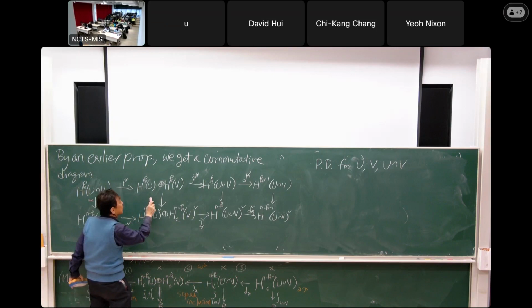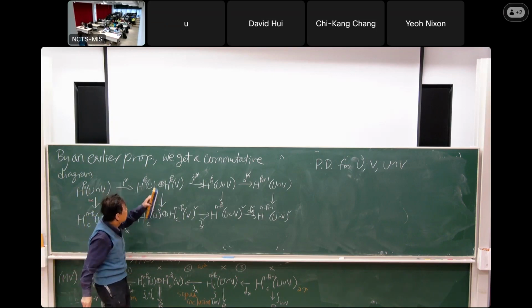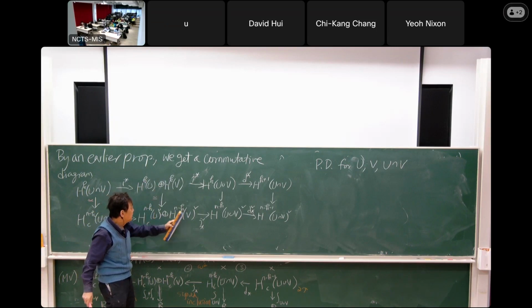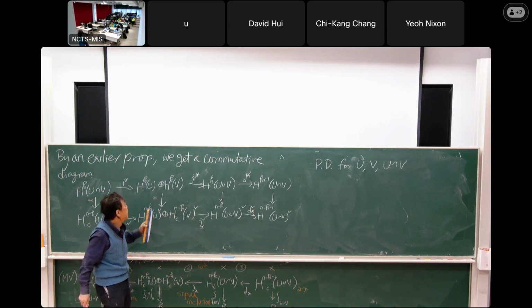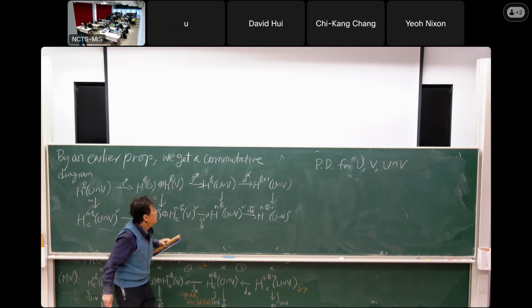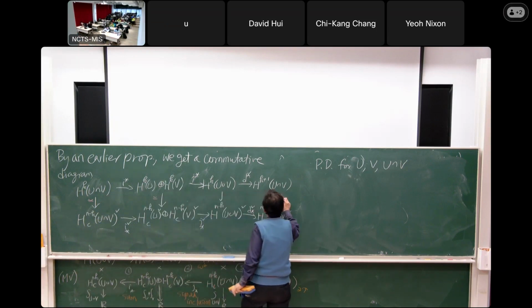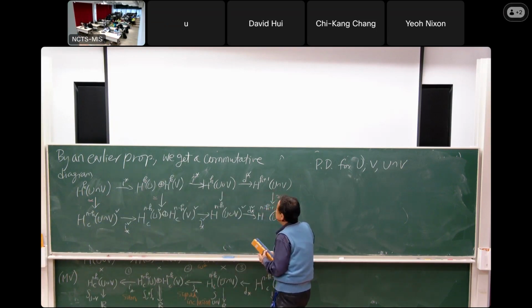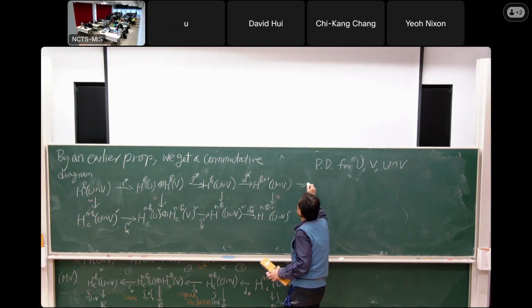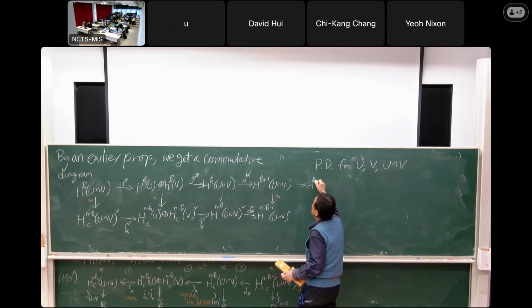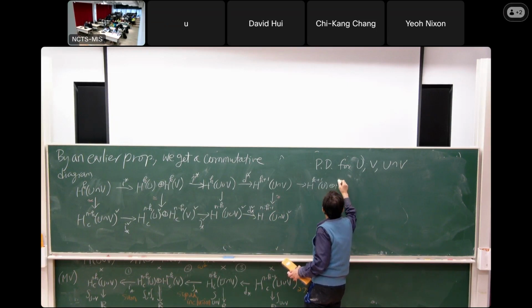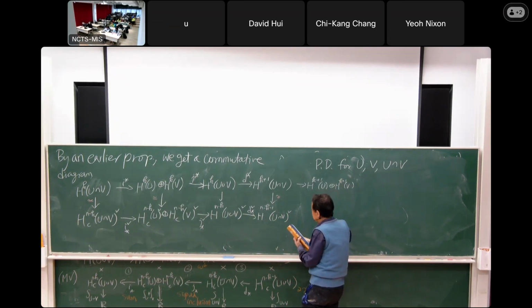This is an isomorphism. Here I'm using the fact that the dual of the direct sum is the direct sum of the duals. Yeah? And then this is the isomorphism. And the next one is also an isomorphism.